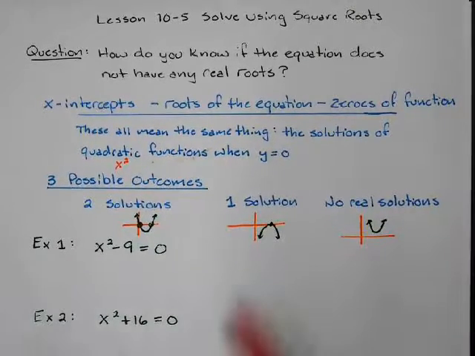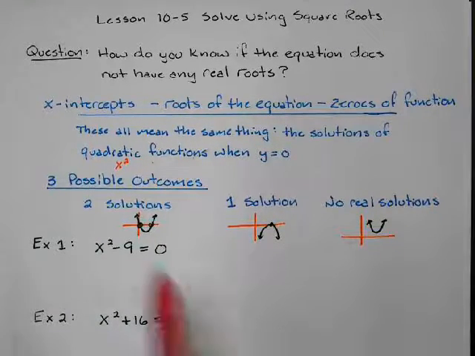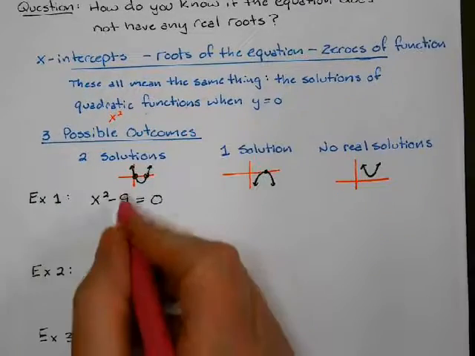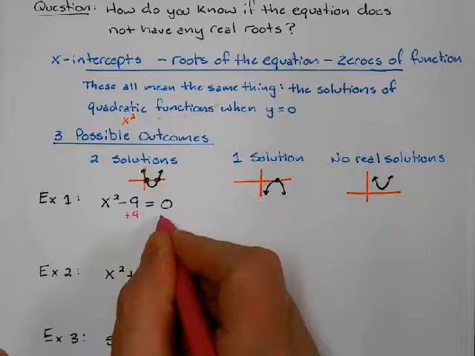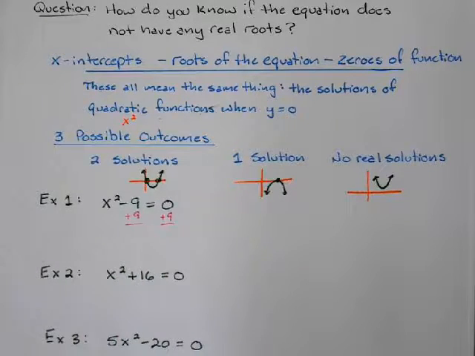All right, so we are going to solve using square roots. Well, the first thing that we want to do is isolate the x squared. So in order to isolate this x squared, I'm going to add 9 to both sides of the equation. Pretty simple. Added 9 to both sides. What do I got now?